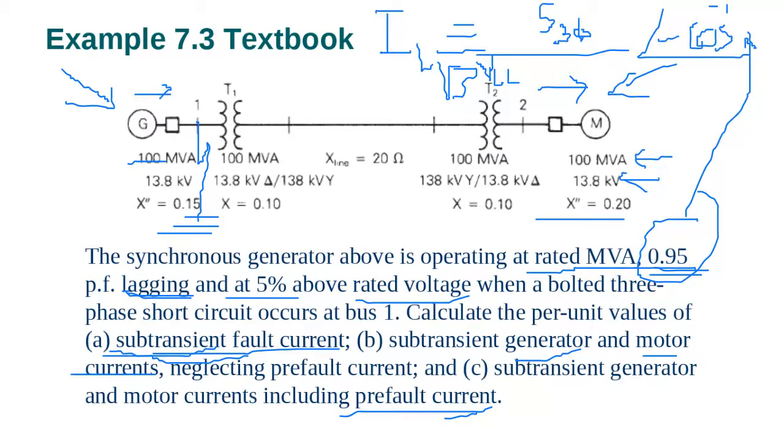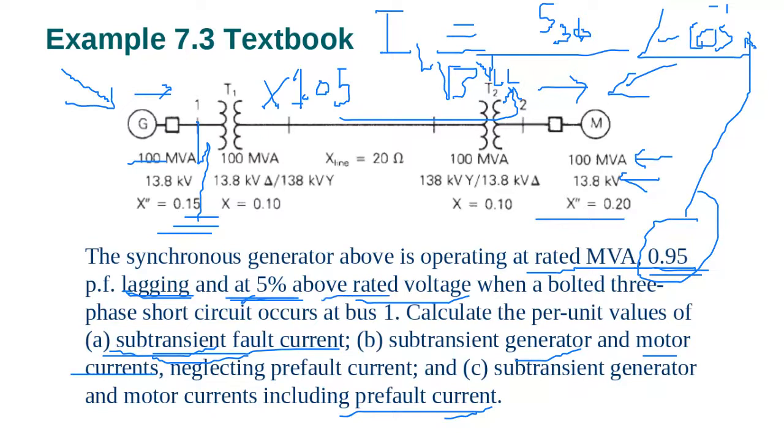All right, but this line to line is operating at 5% above. Therefore, we need to multiply this line to line voltage here times 1.05. This is in your textbook, by the way, so please check your textbook. You don't need to memorize it. 1.05, because it's operating at 5% above.